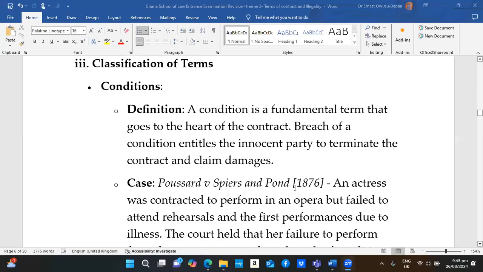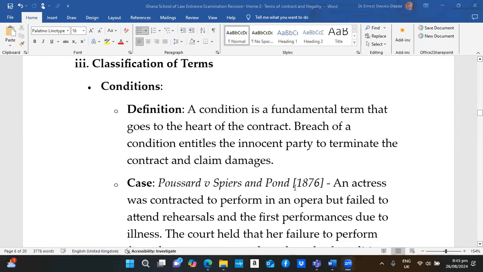And for that matter, when it is breached, the innocent party is given major remedies. And these remedies, as I said, include the right to treat the contract as having come to an end, and not only that, to also sue for necessary compensation in the form of damages.